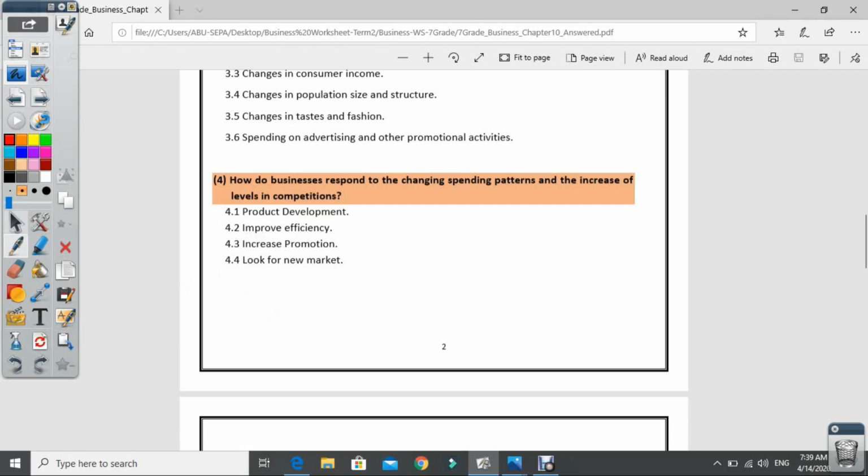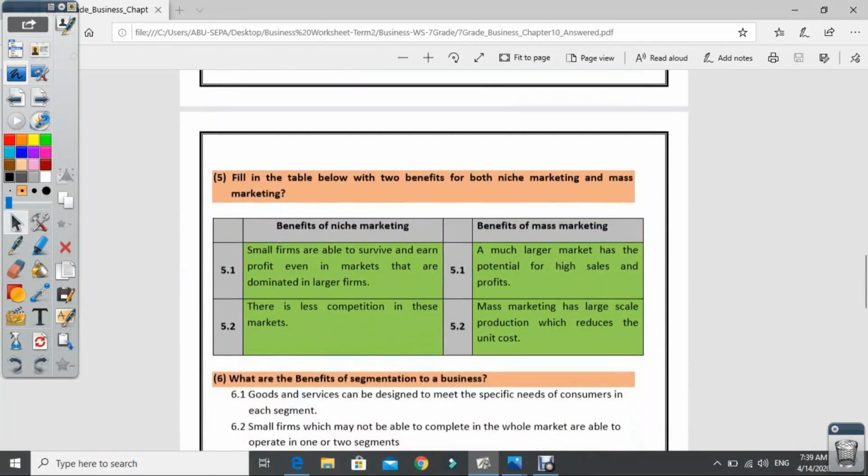And question number 5, fill in the table below with 2 benefits for both niche marketing and mass marketing. Okay, memorize, guys, only 2. So the benefits of niche marketing, first one, small firms are able to survive and earn a profit even in markets that are dominated by larger firms.